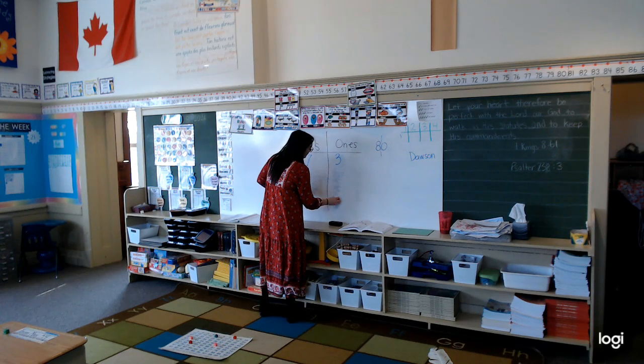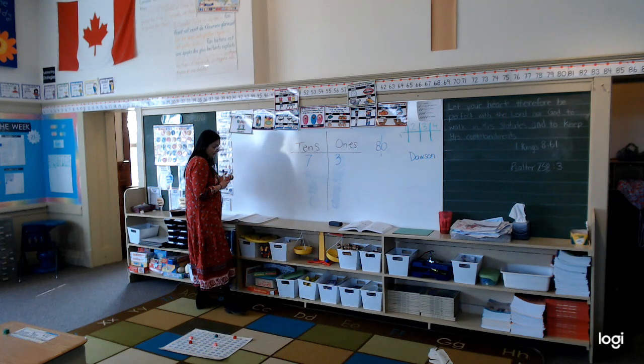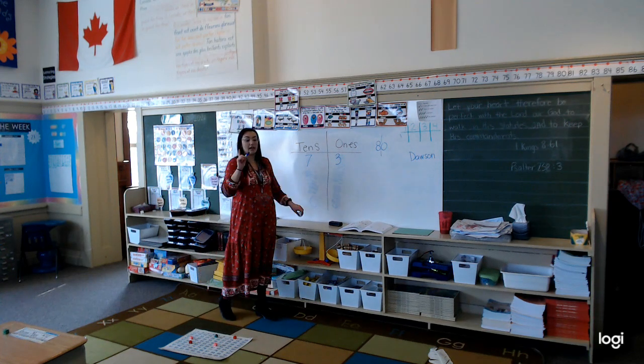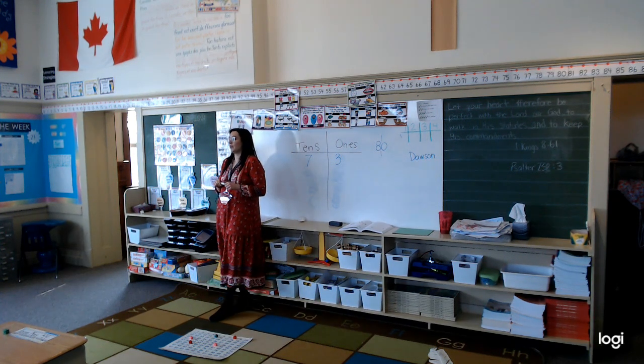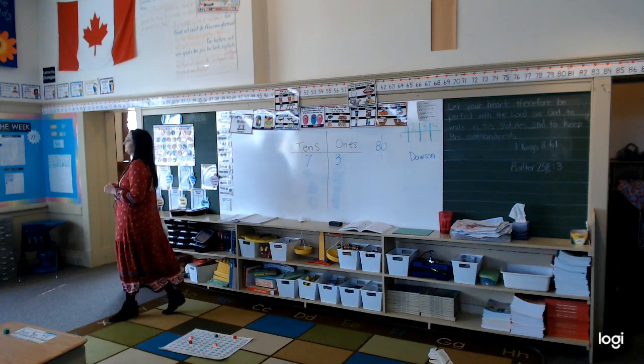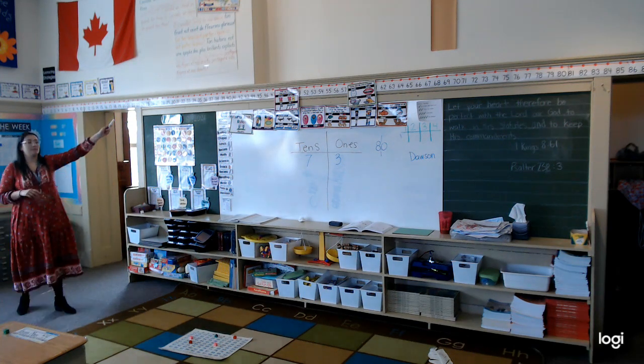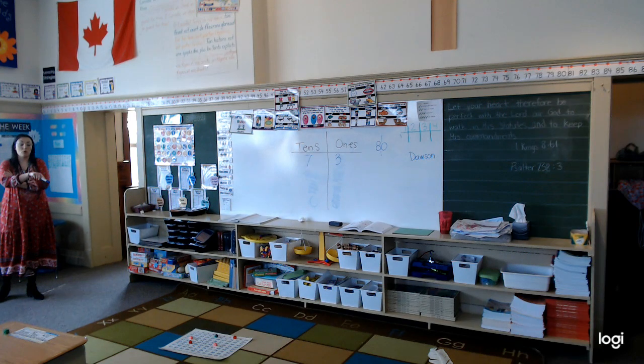All right, and my next number is, I'm going to trick you guys on this one. I'm going to mix it up. You guys have a number line. Let's all look at the number line up top. Or you can look at the hundreds chart.